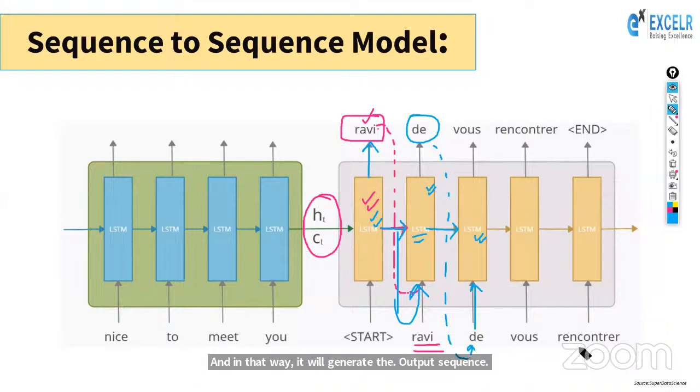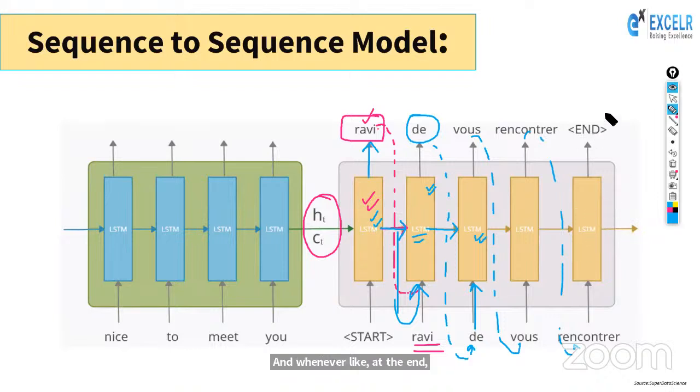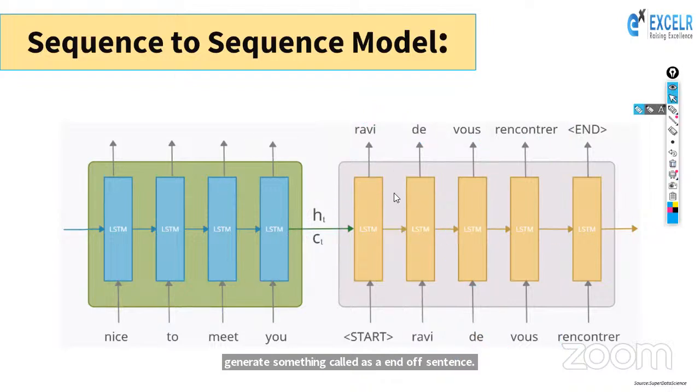And at the end, the decoder will generate something called an end of sentence. Right? So this is the very basic understanding of how the sequence to sequence model performs. Is this architecture clear, guys?